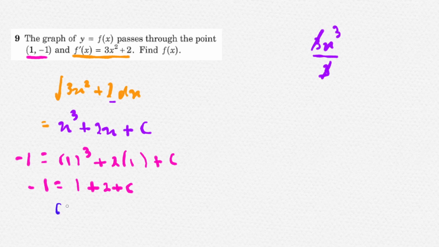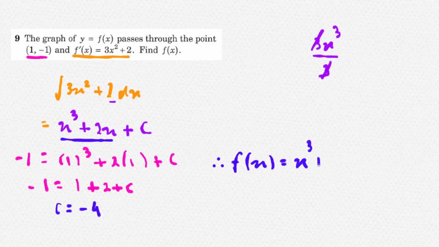So, our final answer for c will be 2 plus 1, which is 3, minus 1, which will be minus 4. Therefore, using our derivative function and then integrating it, we know f of x is equal to x cubed plus 2x plus c. However, we now know the value of c. Therefore, our final equation for f of x will be equal to x cubed plus 2x minus 4.